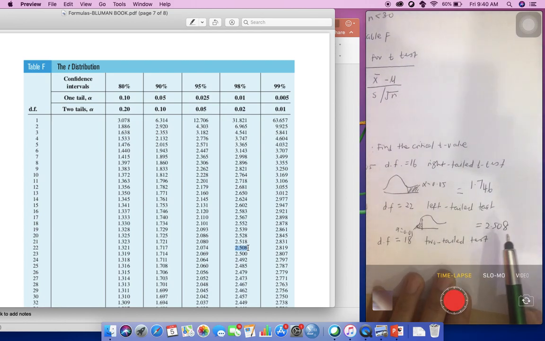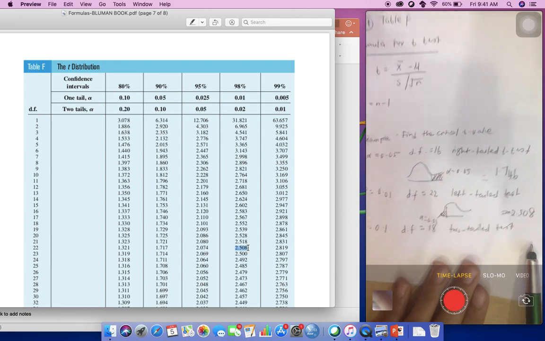But because it is a left tail test, you must put a negative here. So the critical t-value is equal to negative 2.508.